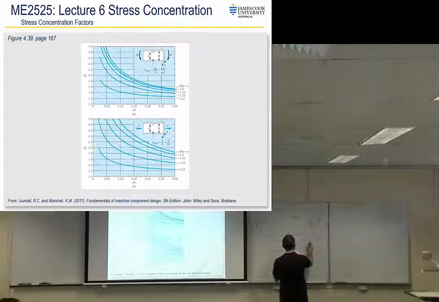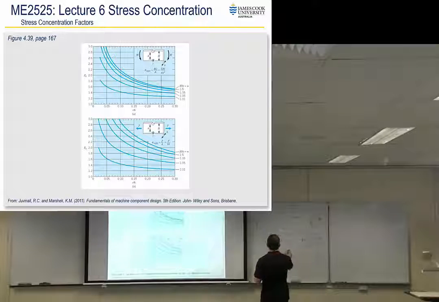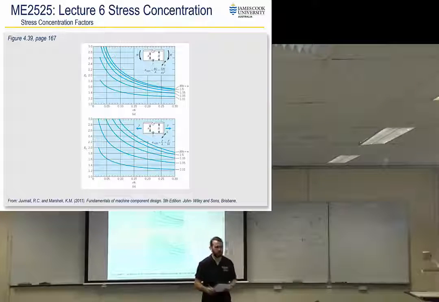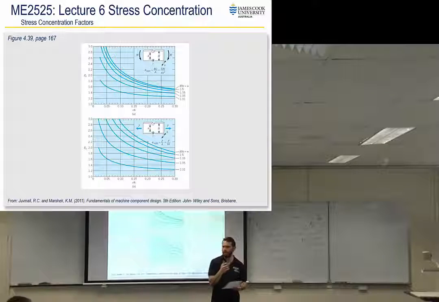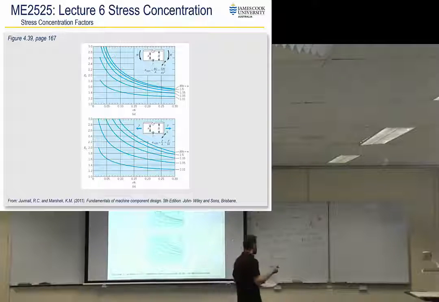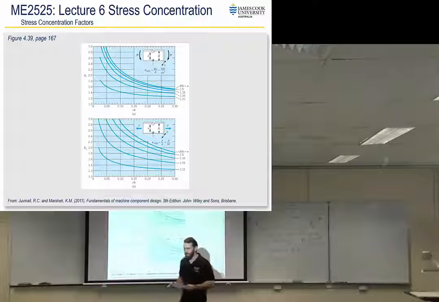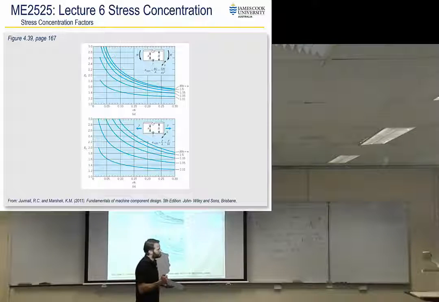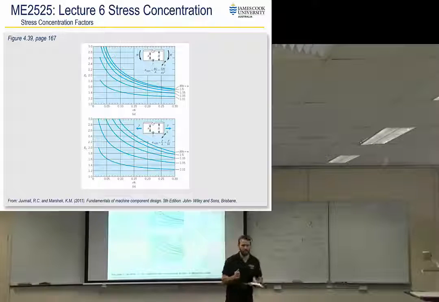Okay, and my radius on my small h is 0.125, making KT axial equal to, what do we get? 2.3. Anyone else got anything different to that? Yep, 2.3. So with those type of notches, you're decreasing down to 80 millimeters from 100 millimeters, it's over double the stress right on that edge, which is pretty significant.